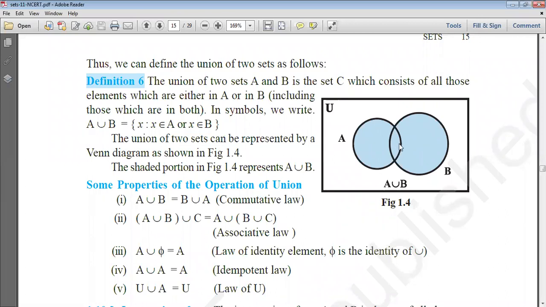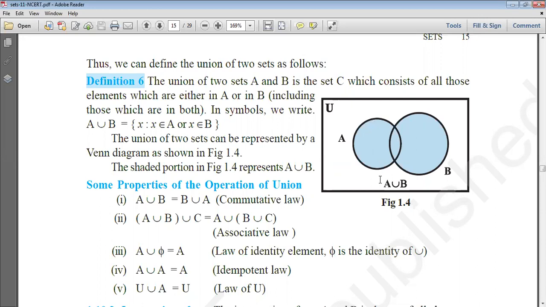If some elements are lying in A as well as in B, that means they are common. So common elements occupy this space. This is the intersection, for common elements. We write common elements here so that the elements are in both the circles A and B. That's why it is just a general representation.